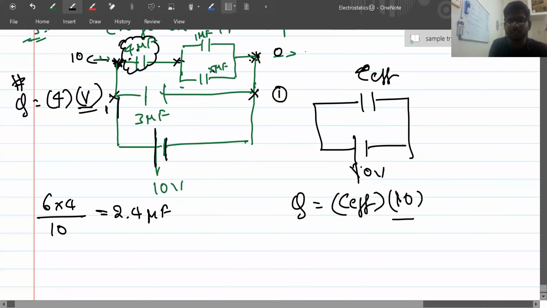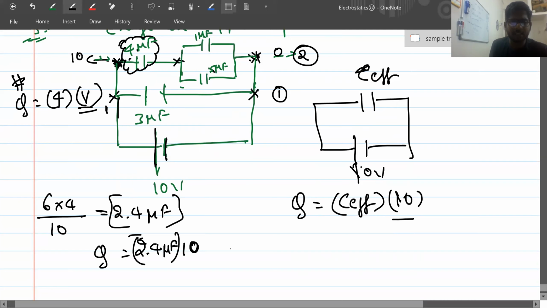This is line 1 in this row, and the effective capacitance is 2.4 microfarad. Then the potential difference between them is 10. Charge Q is equal to 2.4 microfarad into potential difference 10.